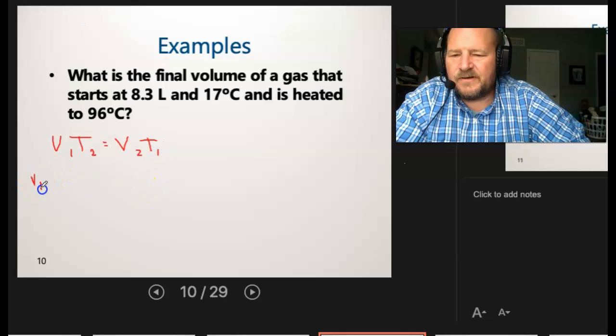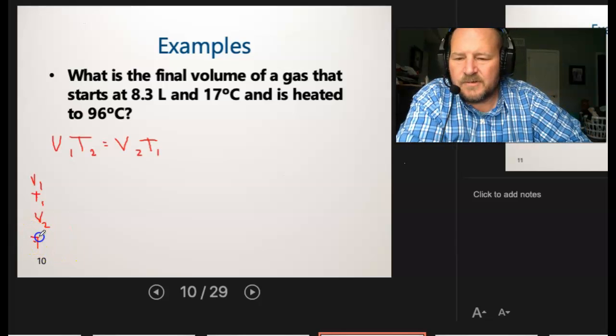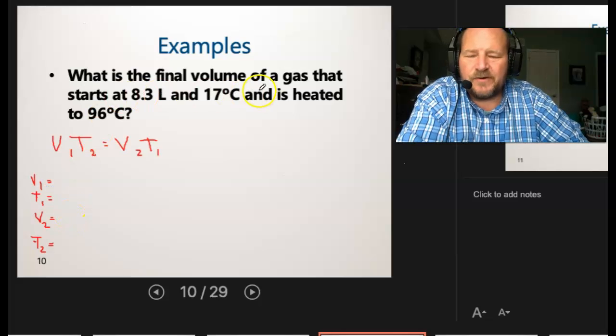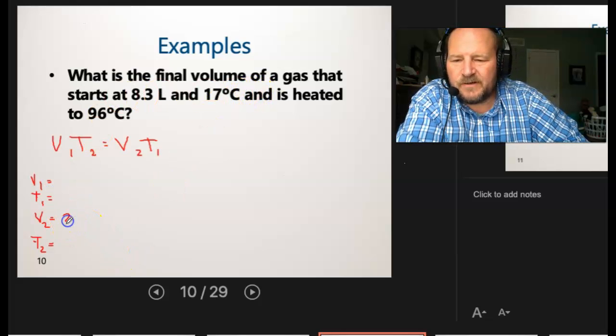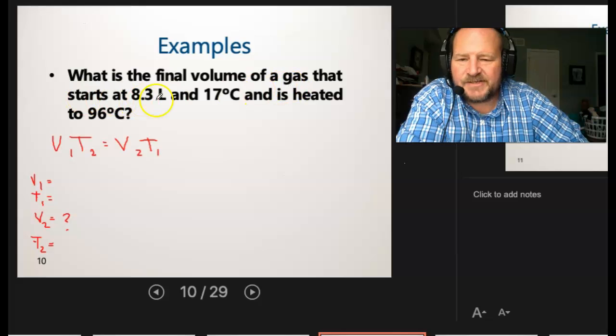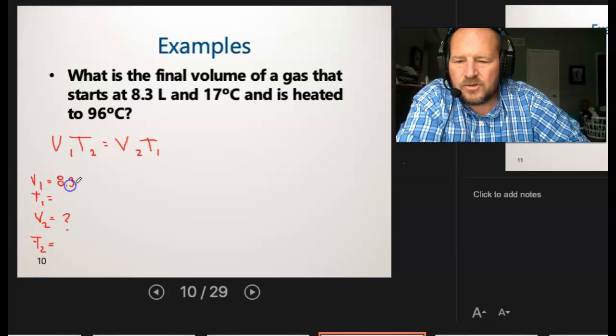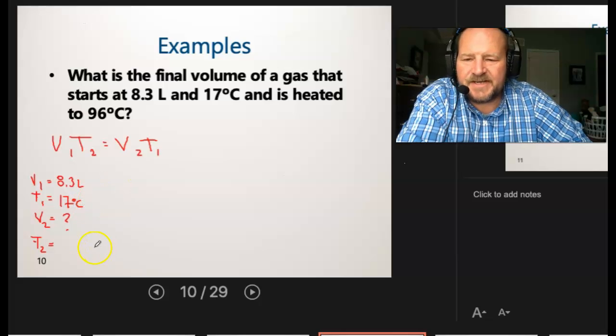So I'm going to have V1, T1, V2, T2. So what is the final volume? So final volume is what I'm looking for of a gas that starts at 8.3 liters and 17 degrees C. And it's heated to 96 degrees C.